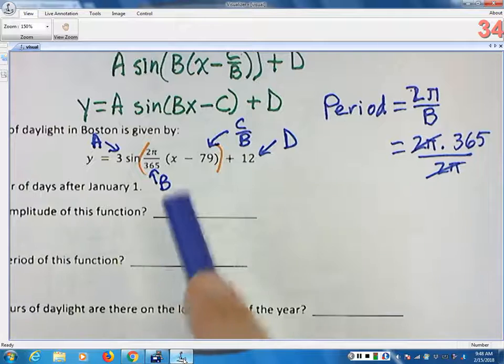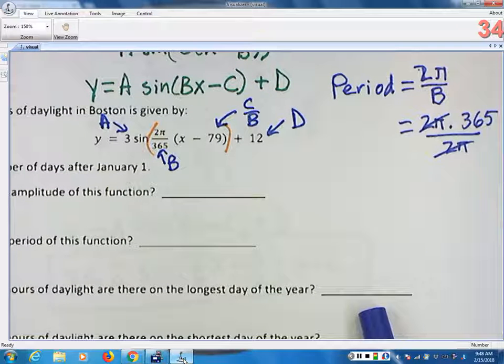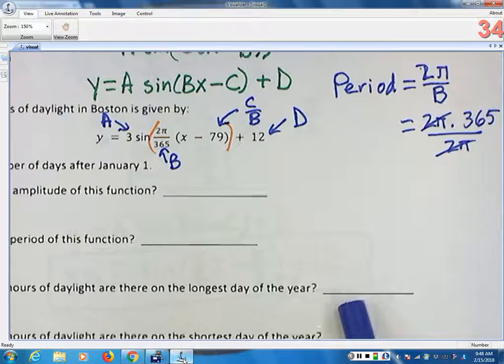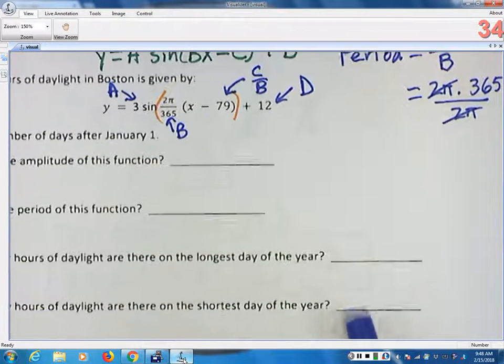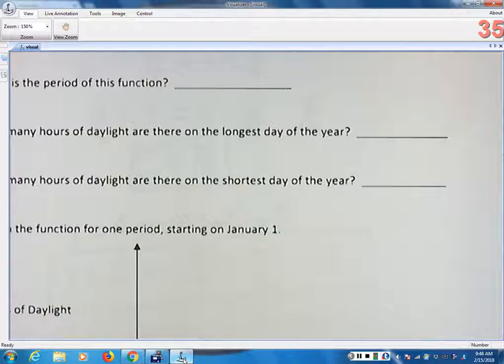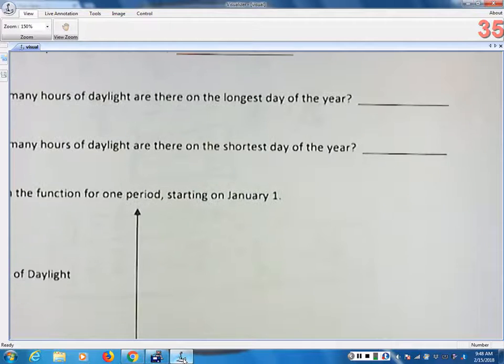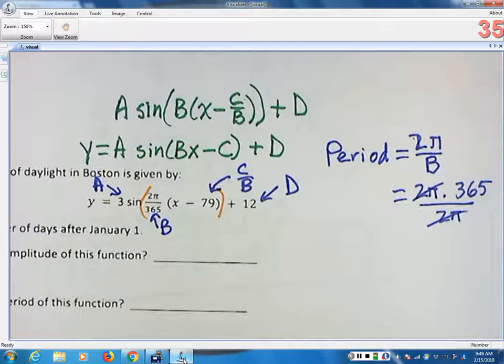So you can find the amplitude, you can find the period, and how many hours of daylight are in the longest day. You use the equation we went over today for that. Then the shortest day, and you're going to graph the function. Start with the phase shift and graph the function. That's the homework for tonight, that's due Tuesday.